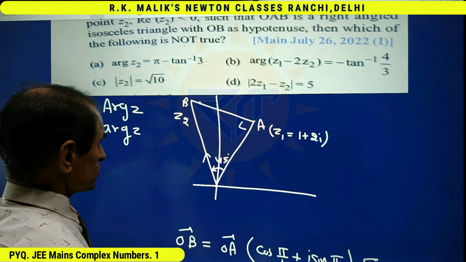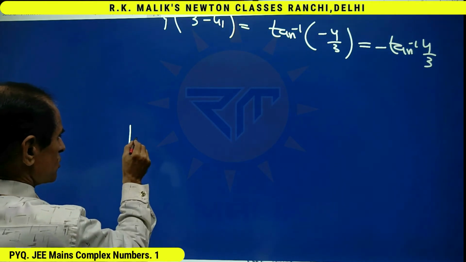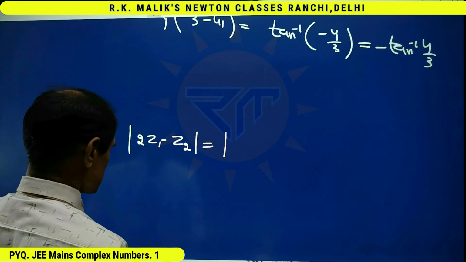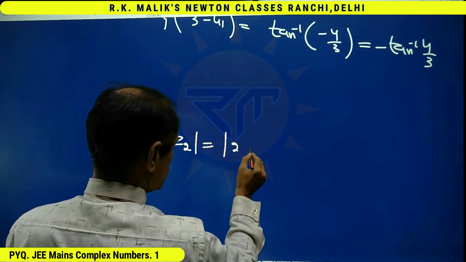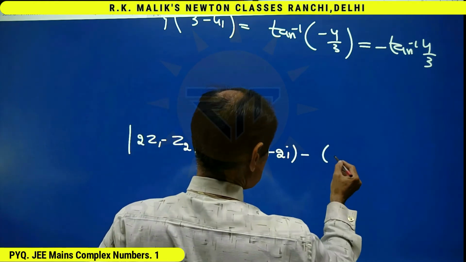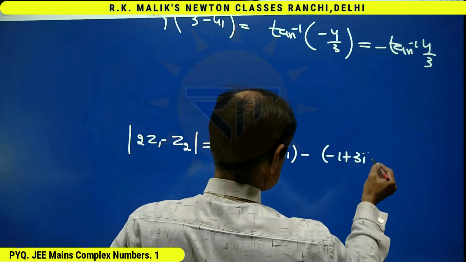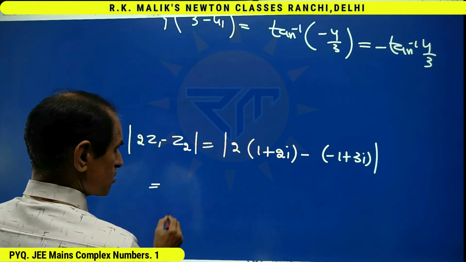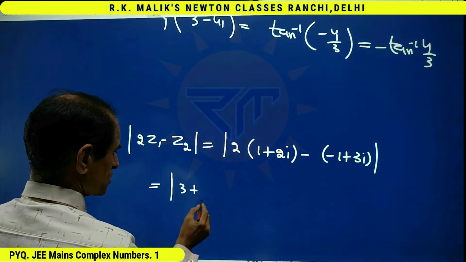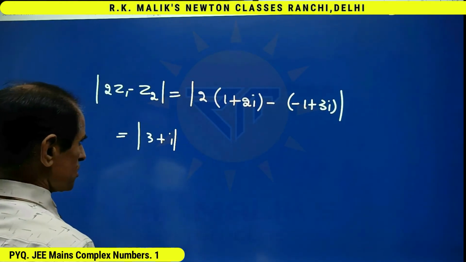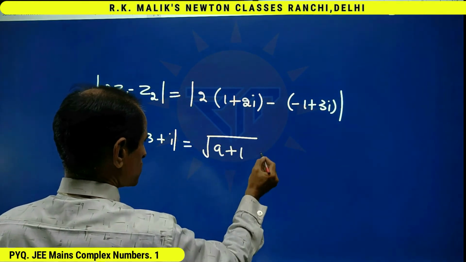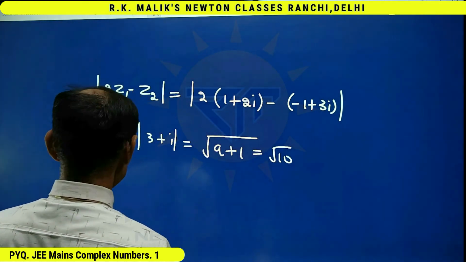And to check choice D, 2Z1 minus Z2 means 2 into 1 plus 2i minus minus 1 plus 3i, which is 3 plus i, whose modulus is under root 9 plus 1 equal to root 10.